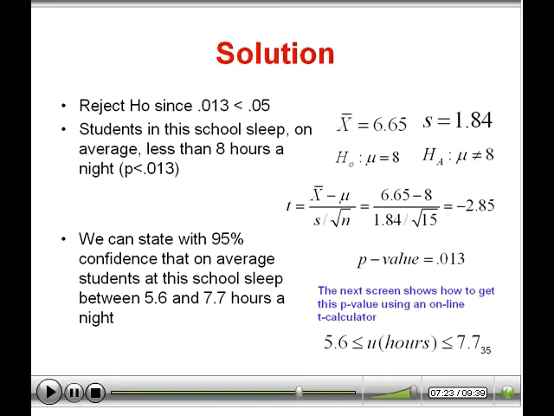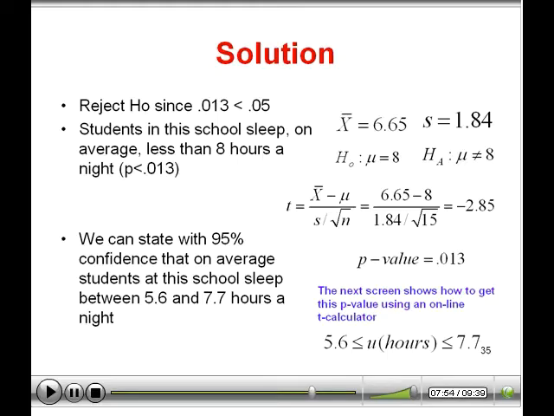Using the online t calculator, we find the area beyond plus and minus 2.85 is 0.013. This is the p-value. Since p is less than 0.05, we decide to reject the null hypothesis. And since the test statistic is negative, we also decide that the population mean is less than 8.